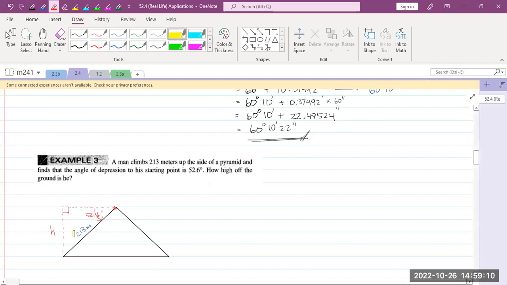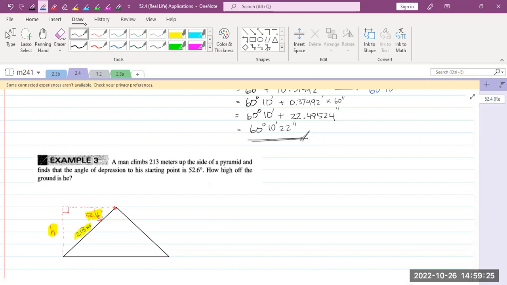What relates the height, which is opposite of 52.6 degrees, and 213 meters, which is the hypotenuse, and 52.6 degrees? Okay, what trig function relates that? Yes, that's the sine function.